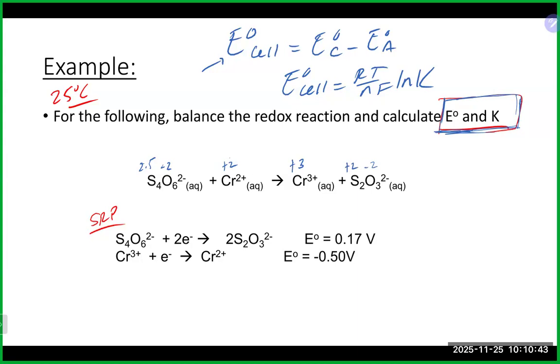Here we can see chromium going from +2 to +3, so it is definitely going through oxidation, becoming more positive. So the chromium here would be our anode, and this would be our cathode, as it's gone from 2.5 to 2, which is slightly moving in the negative direction.